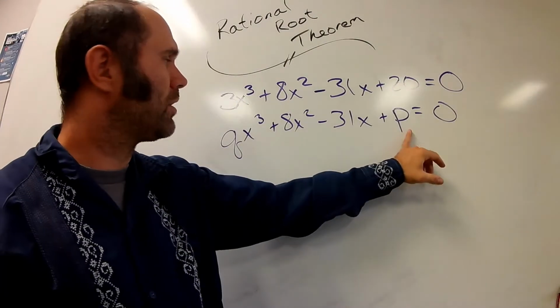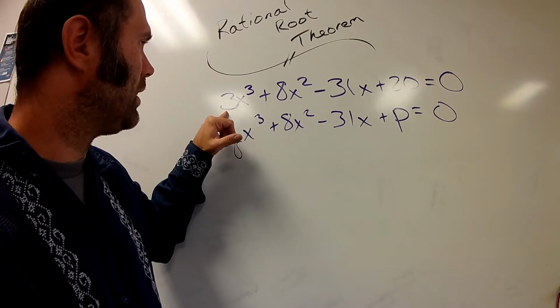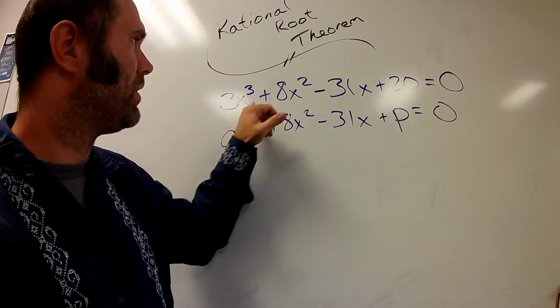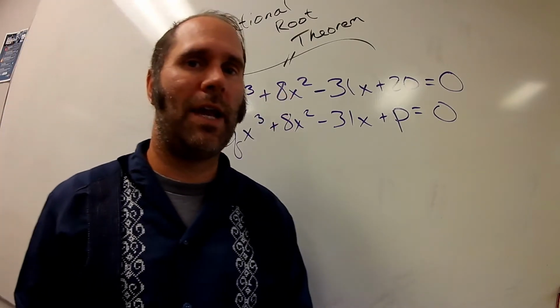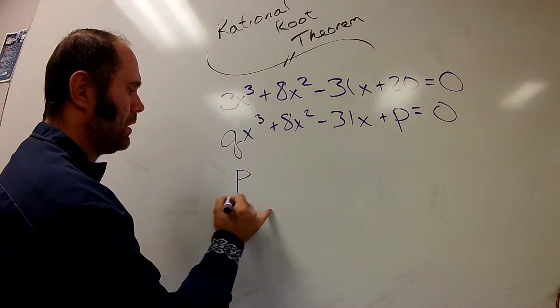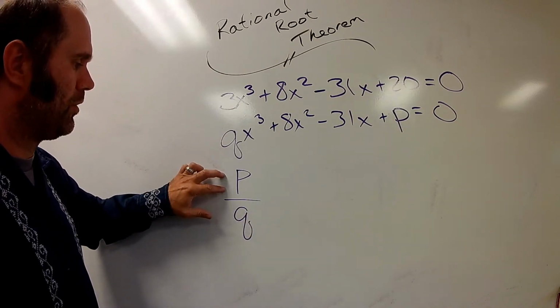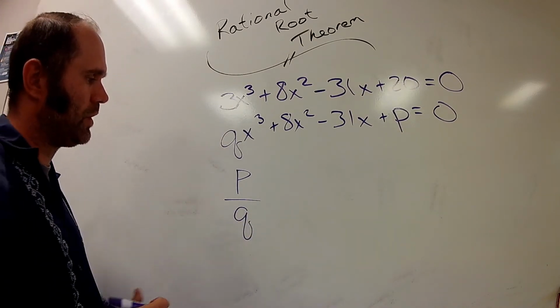In this case we have p as our constant, and q is our leading coefficient of the highest powered x. We can take p divided by q. These are factors of p divided by factors of q.